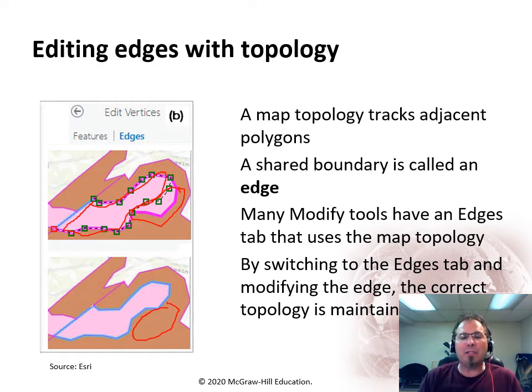It's a bit of an assumption, but that's how this works. If everything's set up correctly, the map topology is maintained by automatically filling in areas after you've made a change. It works pretty well. It's a huge shortcut compared to having to make changes to the original pink one up here in A and then having to move the brown one over. The brown one's automatically sucked up to the edges using the map topology rules.